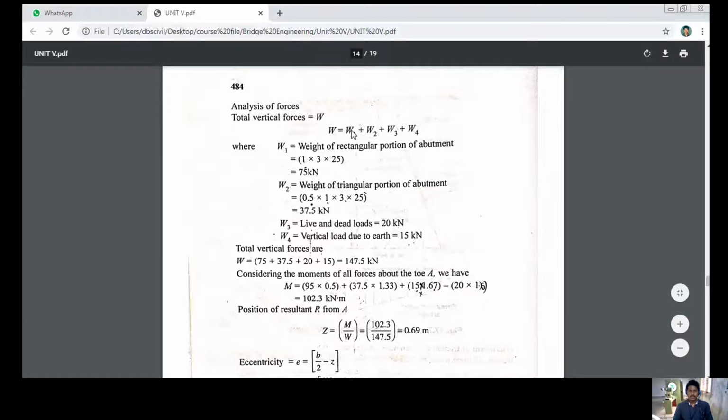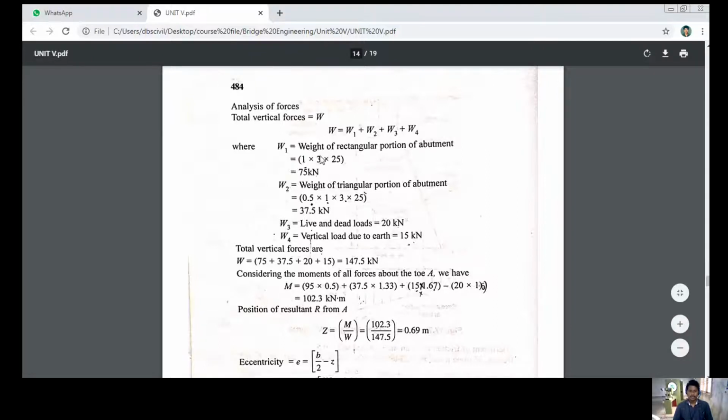W1 is the weight of the rectangular portion of the abutment, W2 the weight of the triangular portion of the abutment, W3 is the live and dead loads, and W4 is the vertical load due to earth.